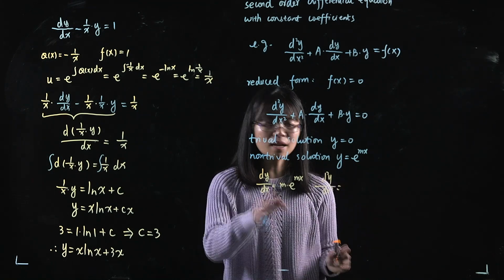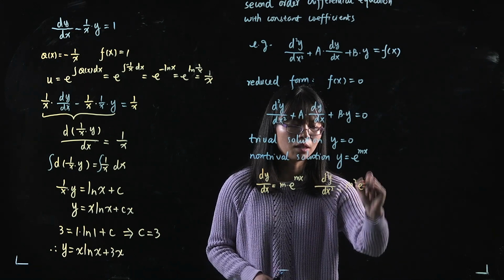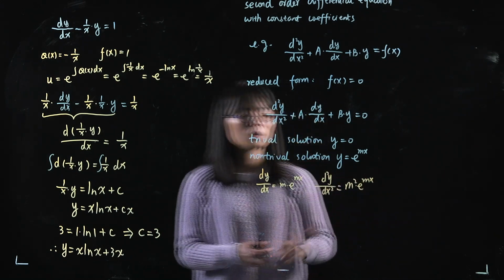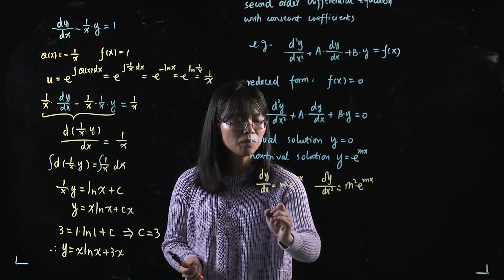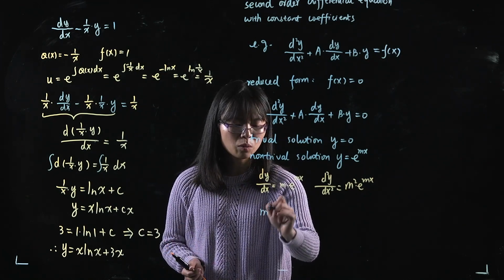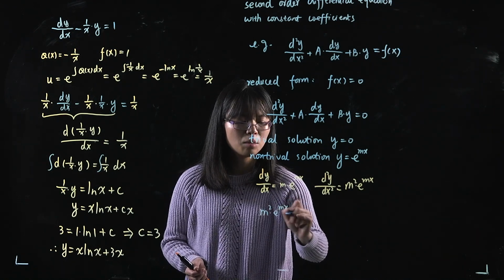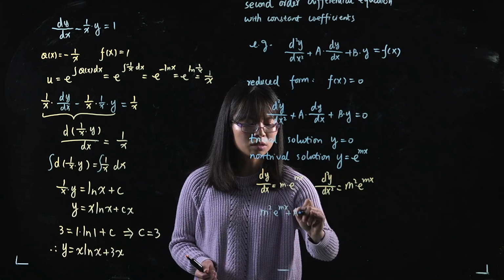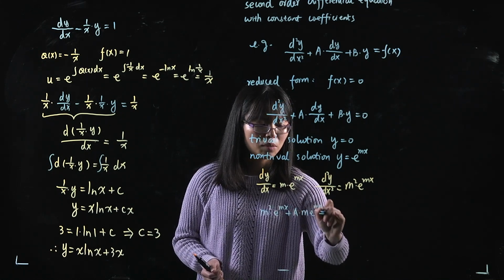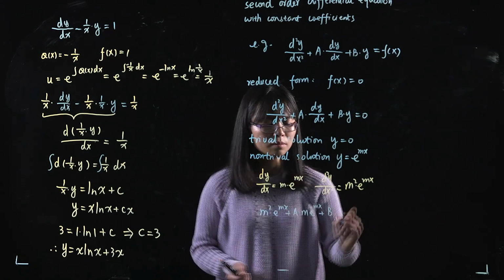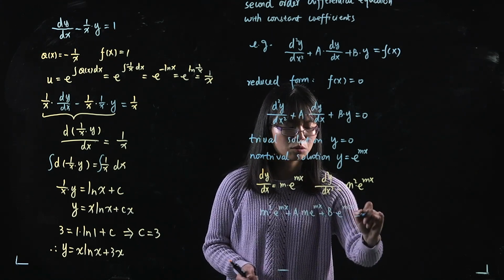If I'm doing the second derivative, I'm getting m squared times e to the mx. Okay, so I can plug these two terms back into the original equation, which gives me m squared times e to the mx plus a times m e to the mx plus b times e to the mx equals 0.